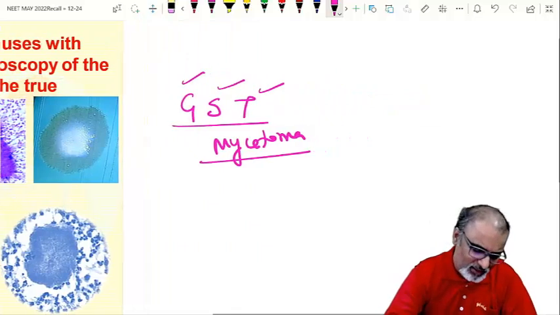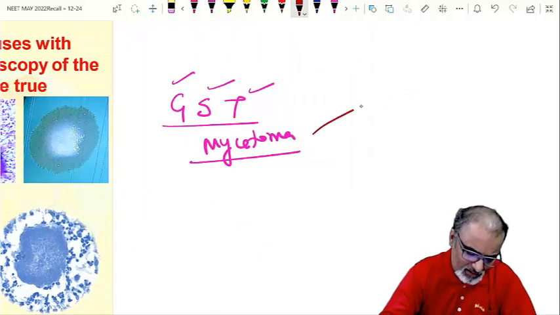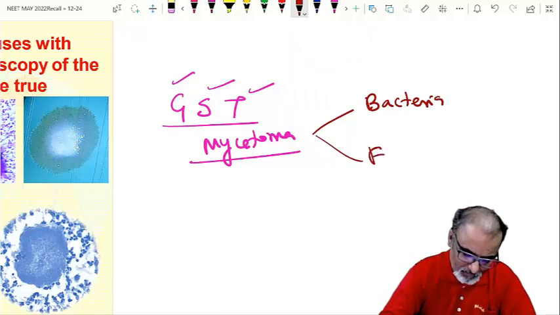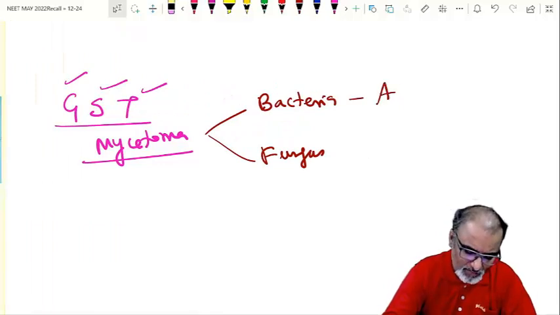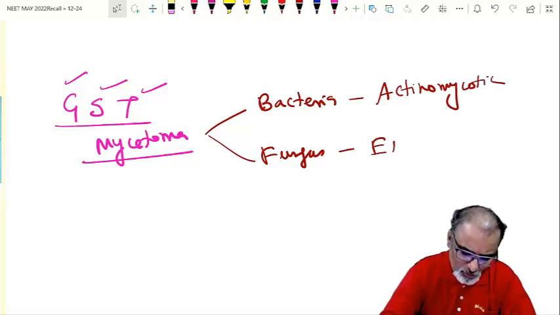It is caused by bacteria and fungus. Bacteria we call actinomycotic mycetoma, and fungus we call eumycotic mycetoma.